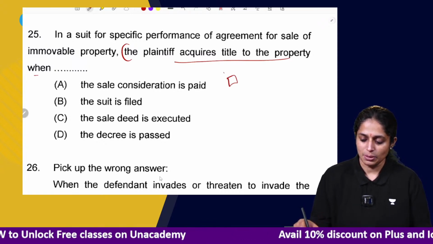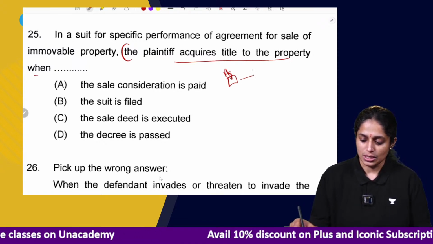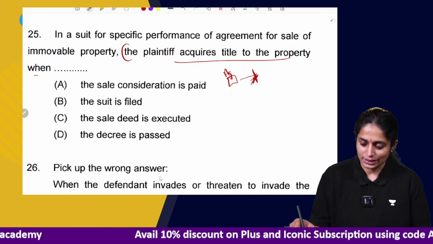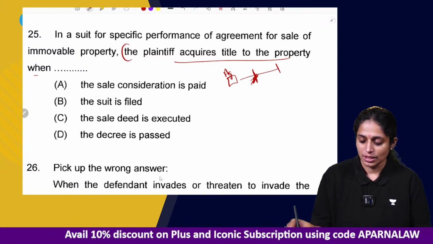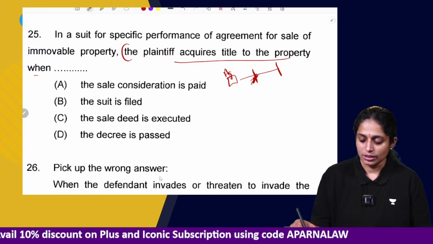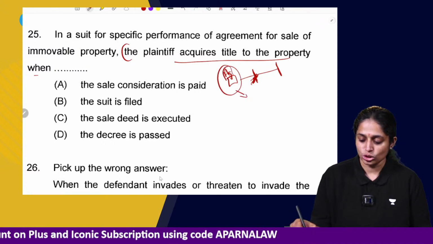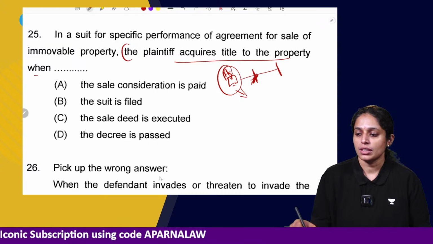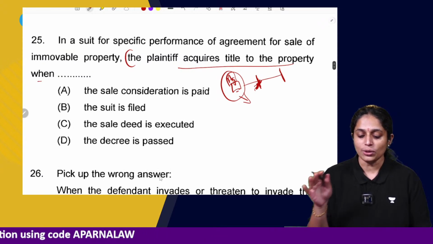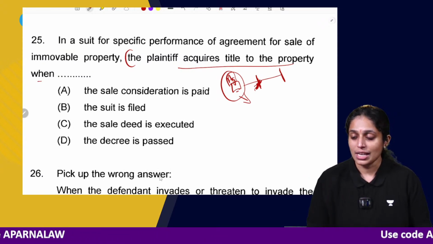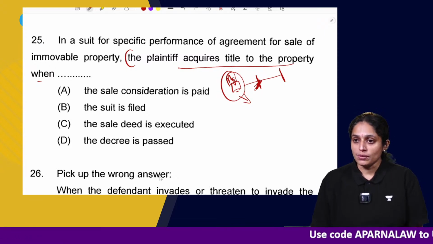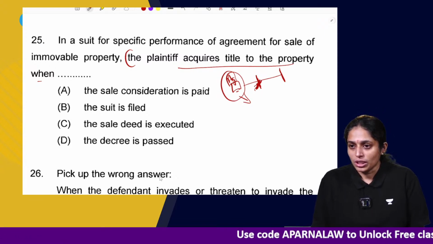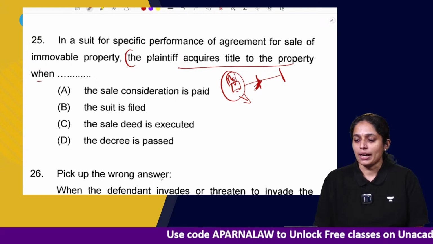Because first an agreement to sell is there, then in specific performance they are asking that please grant the execution of this document. So when do they get the title to the property? A. The sale consideration is paid. B. The suit is filed. C. The sale deed is executed. And D. The decree is passed.